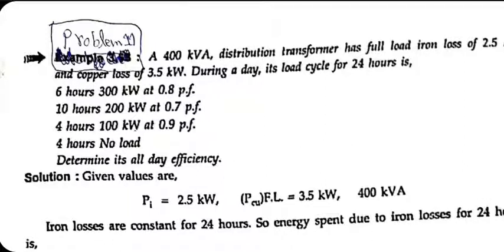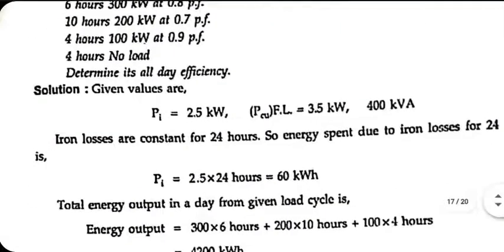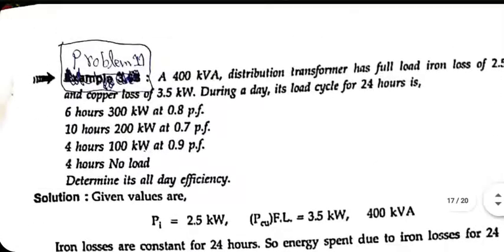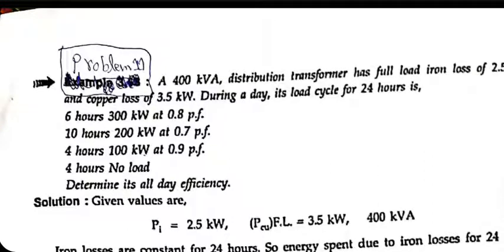Okay. So try to follow this example. Or if you don't follow his method, try to do it yourself. Break up the problem into 1, 2, 3, 4 different slots. For each slot, total energy loss and total energy output have to be calculated.